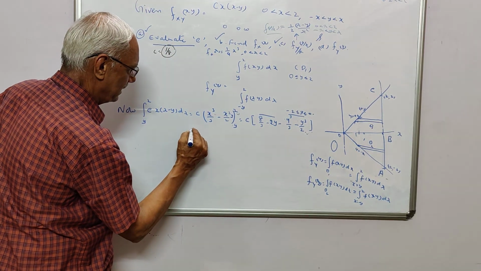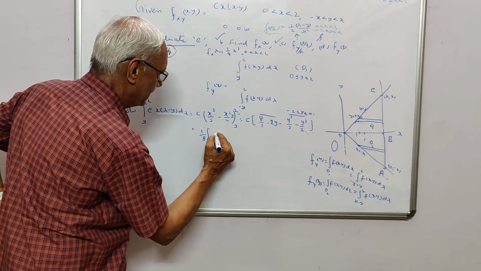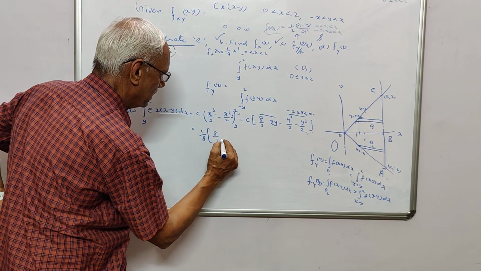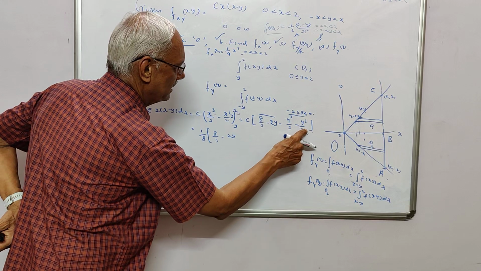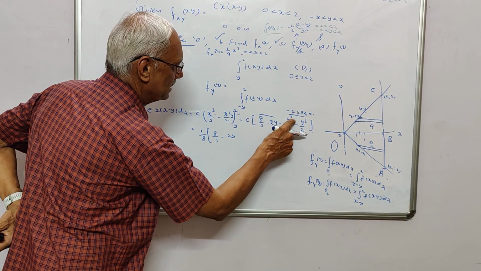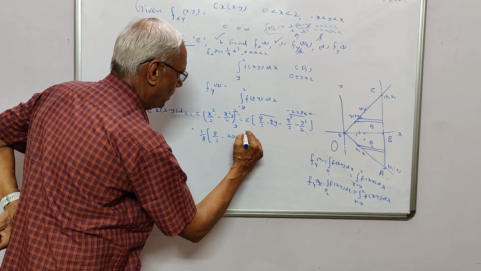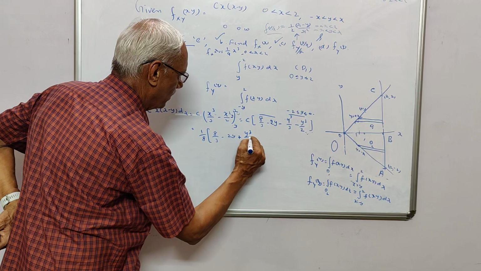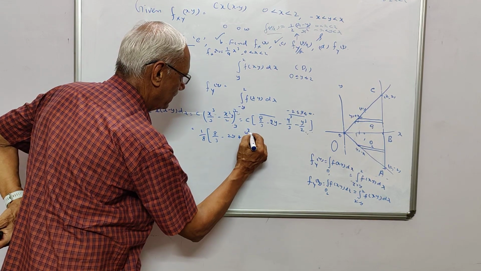That's all. So you see that this is equal to, I'll take it as 1 by 8, times 8 by 3 minus 2y. The LCM of 2 and 3 is 6, so this is 2 minus 1, so this is plus y cubed by 6.